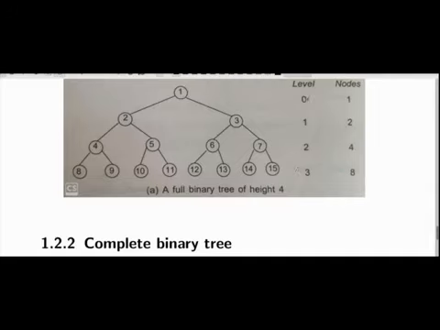Level means the root will be in level 0, then you have level 1, level 2 and level 3. So here you will be having 4 levels, 0, 1, 2 and 3. Level starts from 0, or I can say that root is at the level 0. So in the full binary tree, all levels are full except the last one.